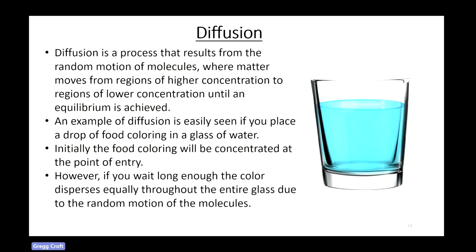An example of diffusion is easily seen if you place a drop of food coloring in a glass of water. Initially, the food coloring is going to be concentrated at the point of entry. However, if you don't shake it, you don't stir it, you just leave it sit there, and you wait long enough, the food coloring is going to equally disperse itself through the entire glass just due to the random motion of molecules.